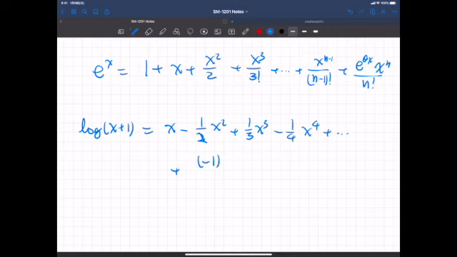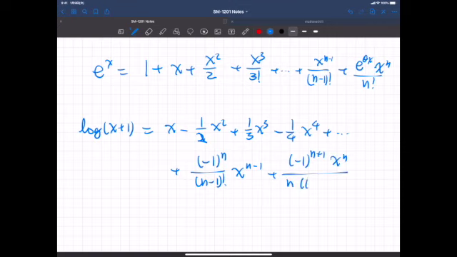In general, we have negative 1 to the power of n minus 1, times x to the power of n minus 1 over n minus 1, and so on, and the remainder term with theta x plus 1 to the power of n. And theta is between 0 and 1. So this is the Maclaurin expansion of log of x plus 1. It's not log of x, it's log of x plus 1. Okay? So you should try to derive these expansions.